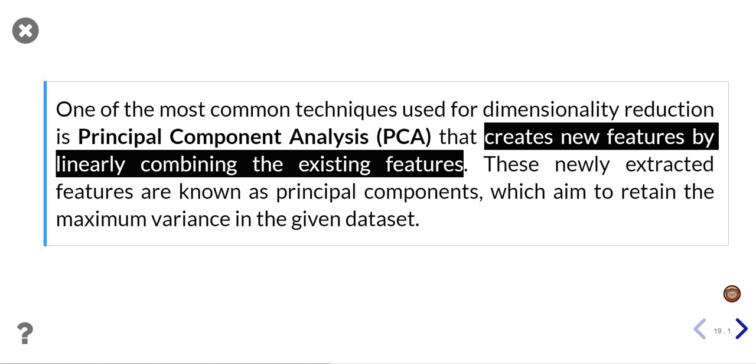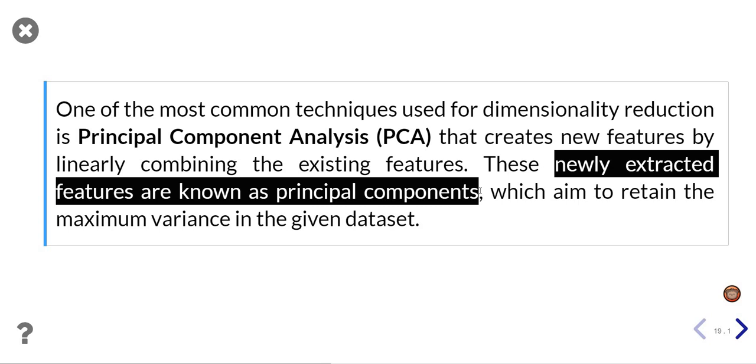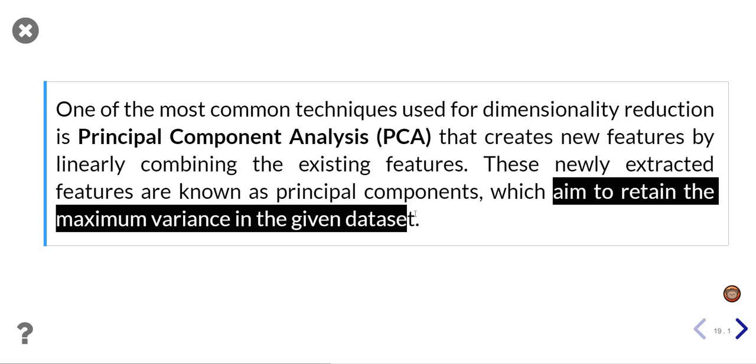But these 3 new features have the features of all those 10. So this is feature extraction. It extracts the important features of all these existing features. The newly extracted features are known as the principal components. That's why the name comes, principal component, which aims to retain the maximum variance in the given data set.